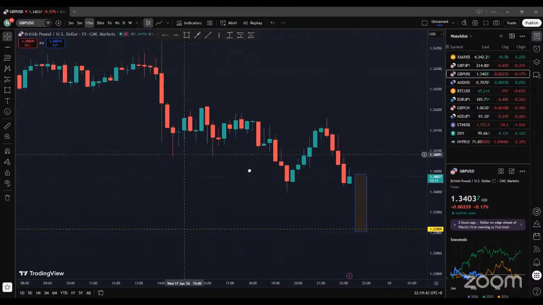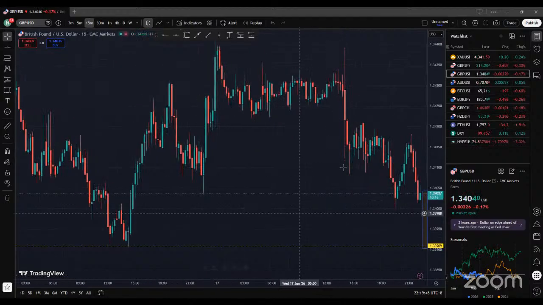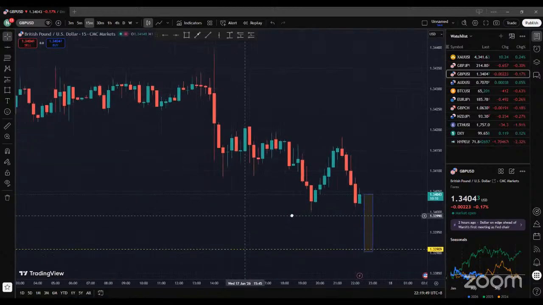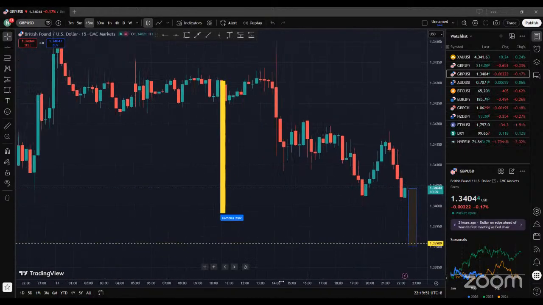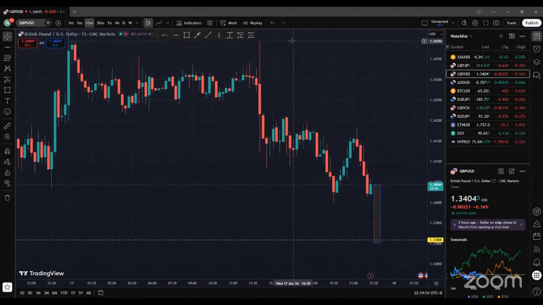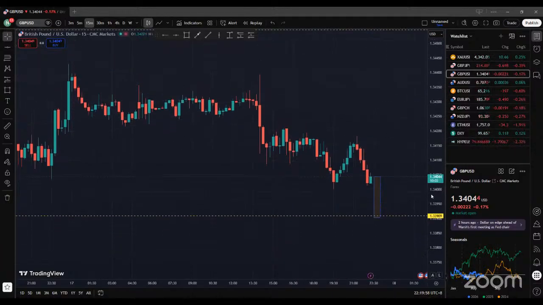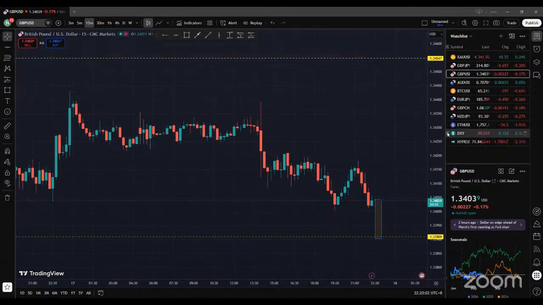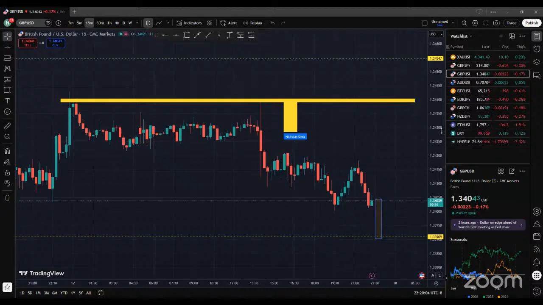So if the price is printing a lower low and a lower high structure, and then it does this engulfing, correct? Overall it depends on where we are engulfing the candle. If you did the engulf on the highest point, then yes, it's valid. For example, if you did this structure over here and then it suddenly drops like this, then it's valid.